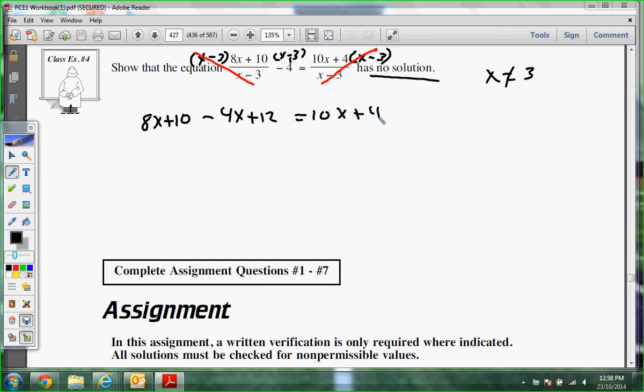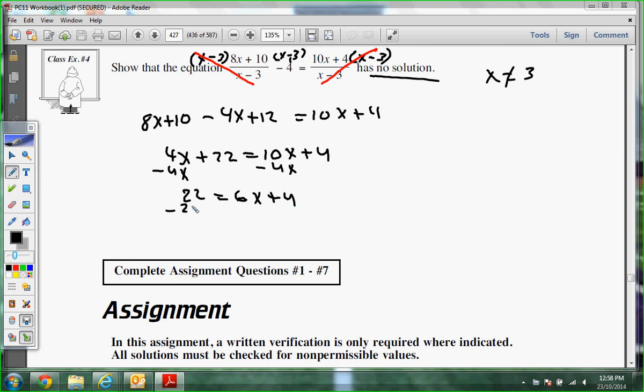Okay, so I'm going to combine all my like terms here on the left. 8 minus 4 is 4. 10 plus 12 is 22. Okay, minus 4x minus 4x. 22 equals 6x plus 4. Yep.